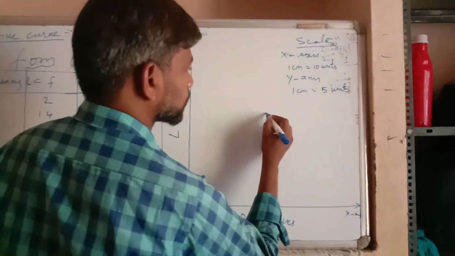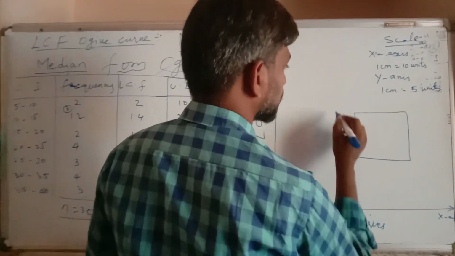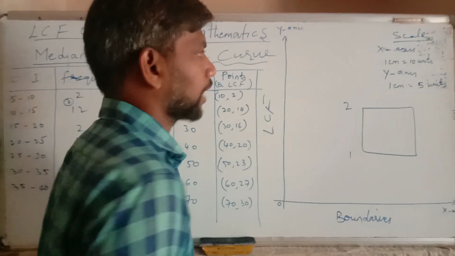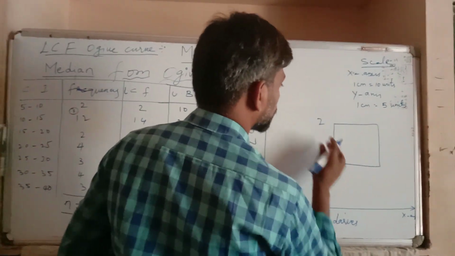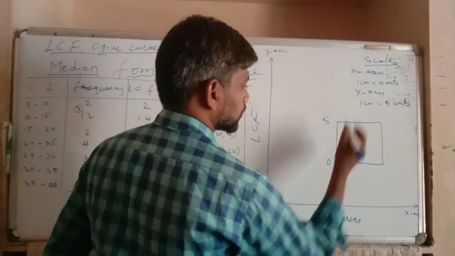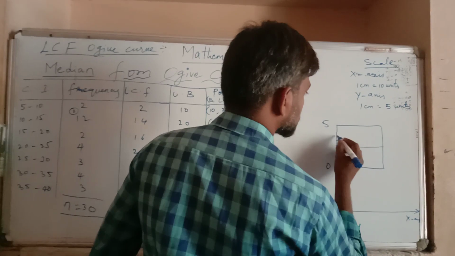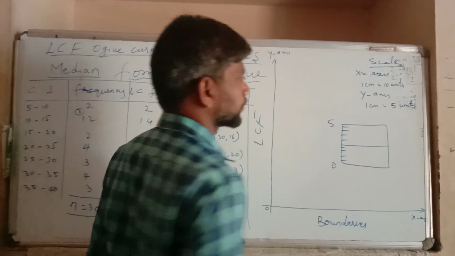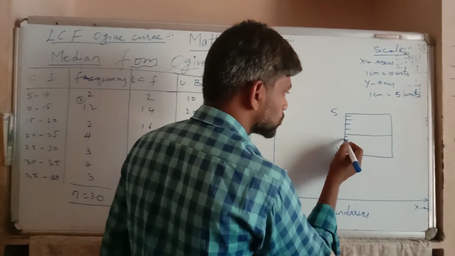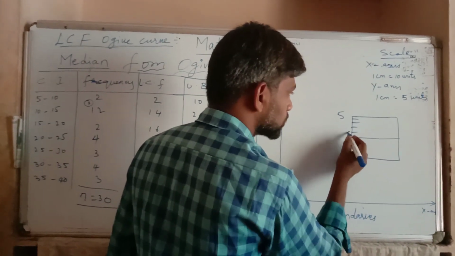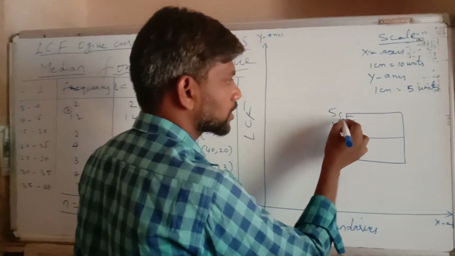For example, like this. This is 1 centimeter from here to here, but I have taken 1 centimeter equal to 5 units. That is 0 to 5, then 1, 2, 3, 4, 5, 6, 7, 8, 9, this is 10. These 2 lines indicate 1, these 2 lines indicate 2, and so on up to 5.